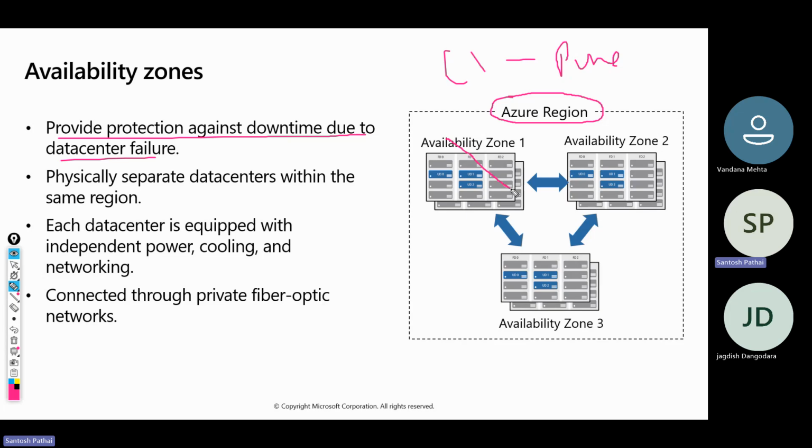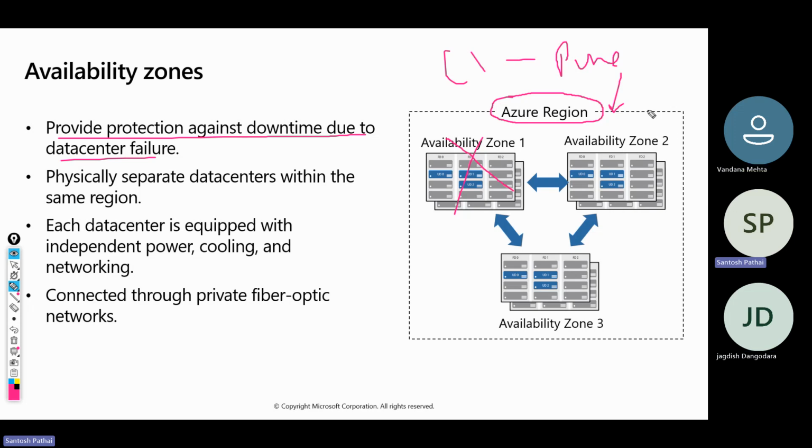For example, what if this data center fails? Still this region is up, this region is not down. If there is only one data center and it fails, then the complete region will be down, which is again a question on Microsoft, because most of the customers' data will be in that specific region only.